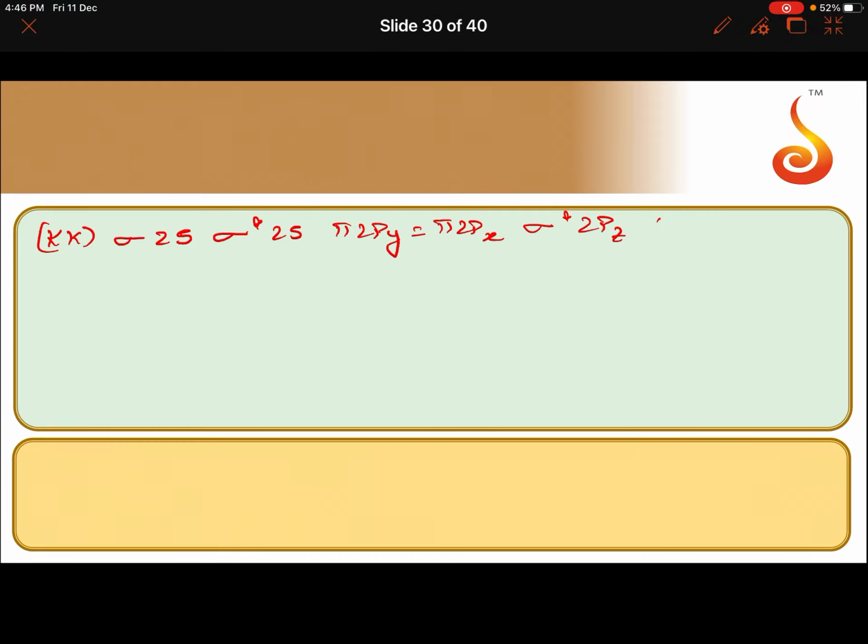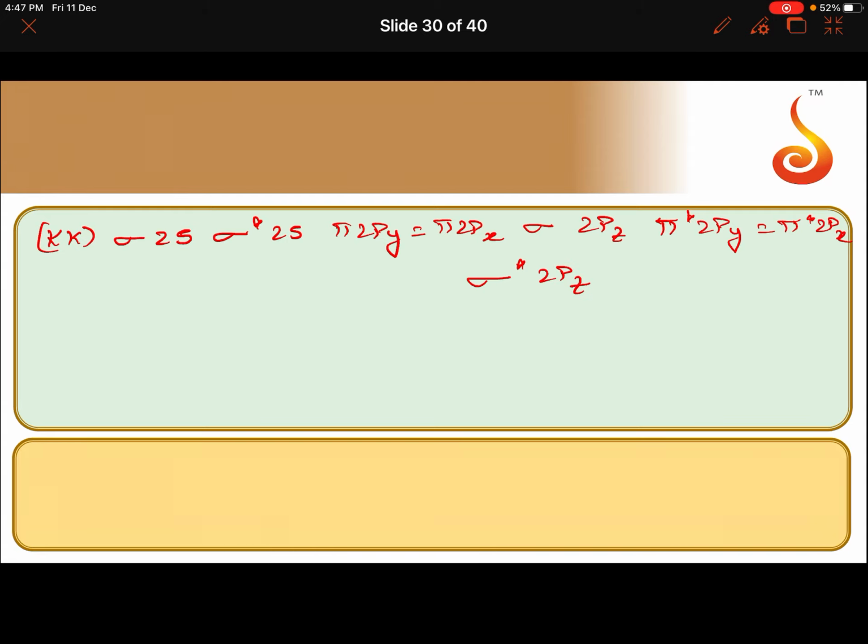So, KK, sigma 2s, sigma star 2s, pi 2py, pi 2px, sigma 2pz, pi star 2py, pi star 2px, sigma star 2pz.